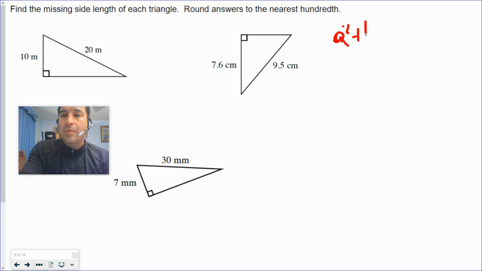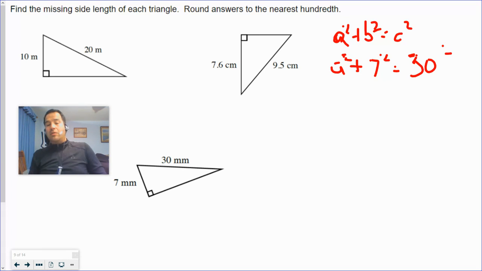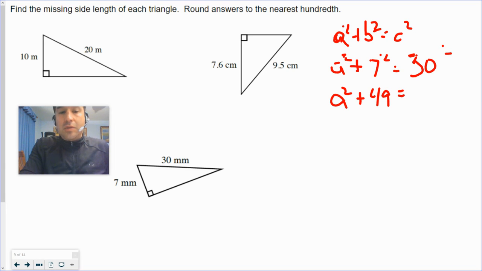A squared plus B squared equals C squared. You should be getting sick of that. I'm going to leave A alone. A squared plus 7 squared equals 30 squared. Man, my pen's getting really bad. All right. Next, then, A squared plus 7 squared is 49 equals 30 squared.